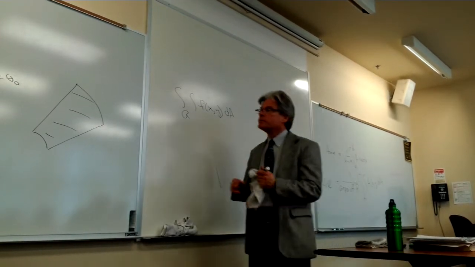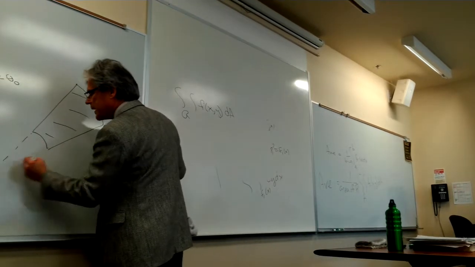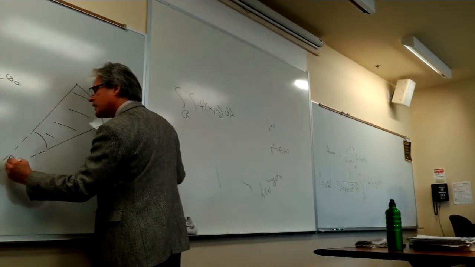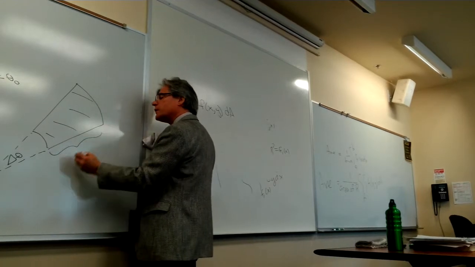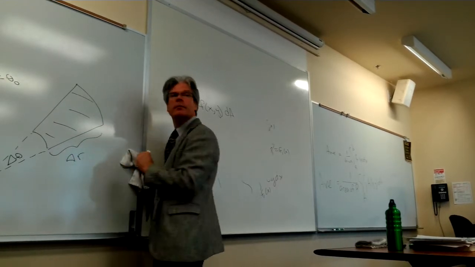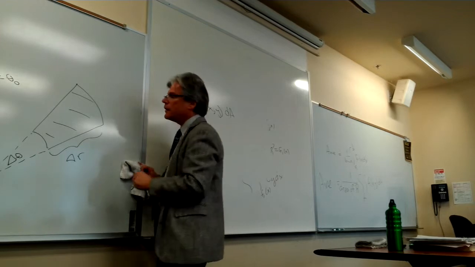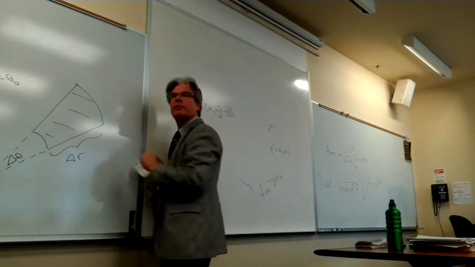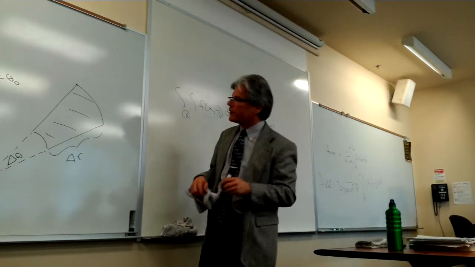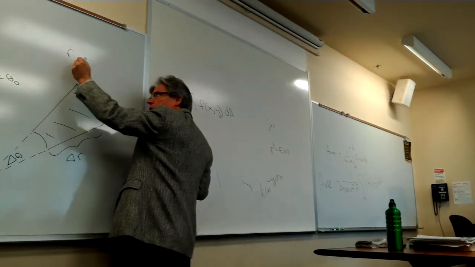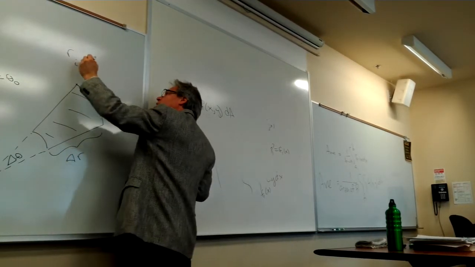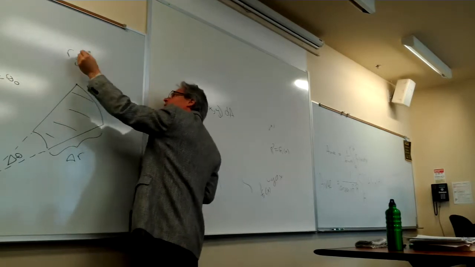How about this? Do you guys agree that this angle is simply a small change in the angle theta, whereas this over here is merely a small change in r? And if I were to take a peek at the length of the arc out here, wouldn't the length of the arc be nothing more than the radial distance, called r sub i, times the measure of that angle?